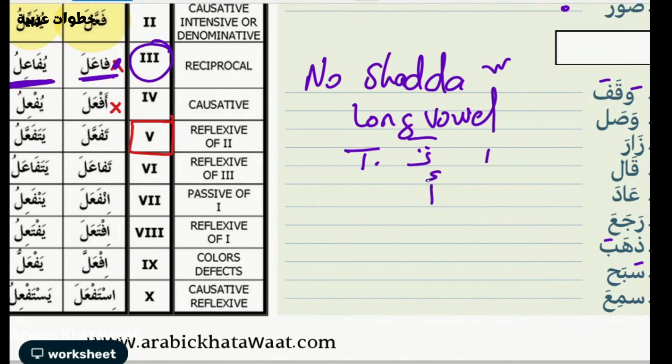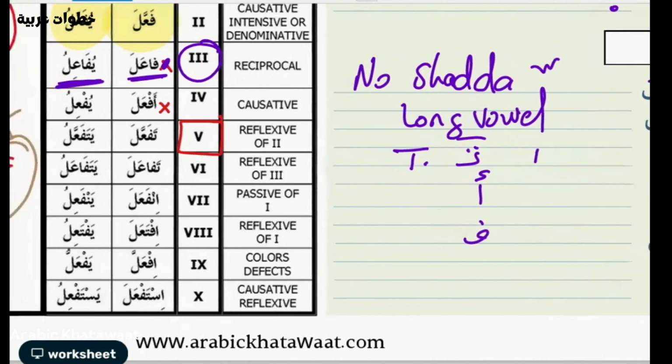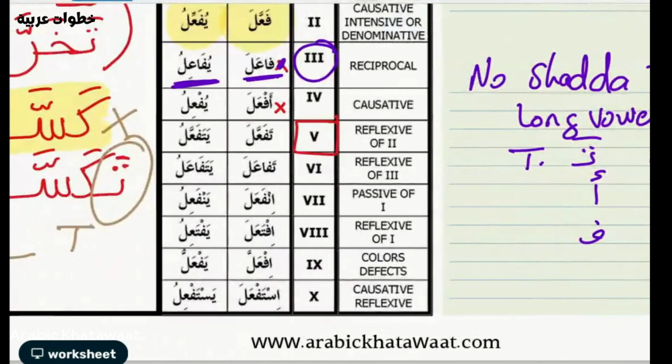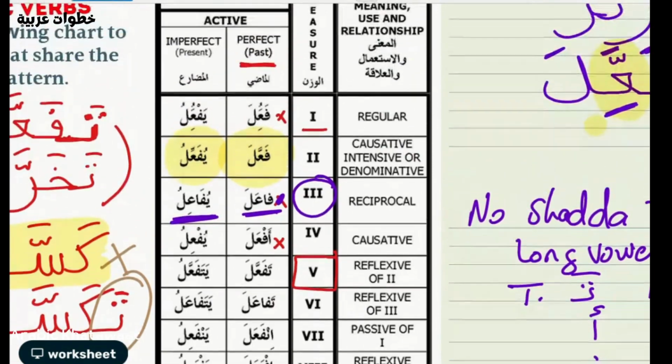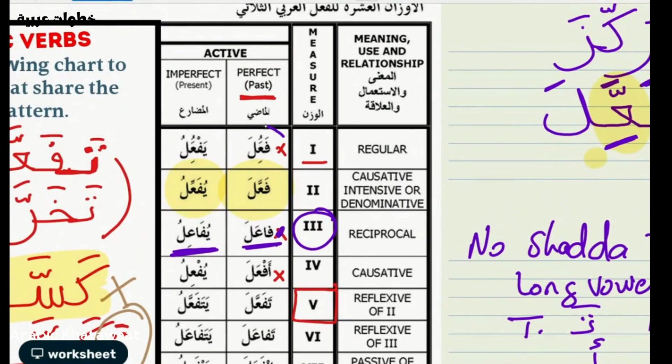None of them has an alif. None of them has any other additional sound. So here has is, here has I. This one has if, this has in, this has ta, this has ta, this has alif, this has a long vowel. And of course it's going to take me to the regular form, form 1.